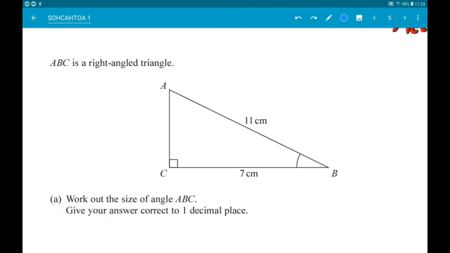Okay, next up, ABC is a right angle triangle. Work out the size of angle ABC. Give your answer to one decimal place. Okay, so angle ABC is the angle made by going from A to B to C. So it's this guy over on the right. I'm going to call it x. So, in terms of that angle, we have the adjacent and the hypotenuse.